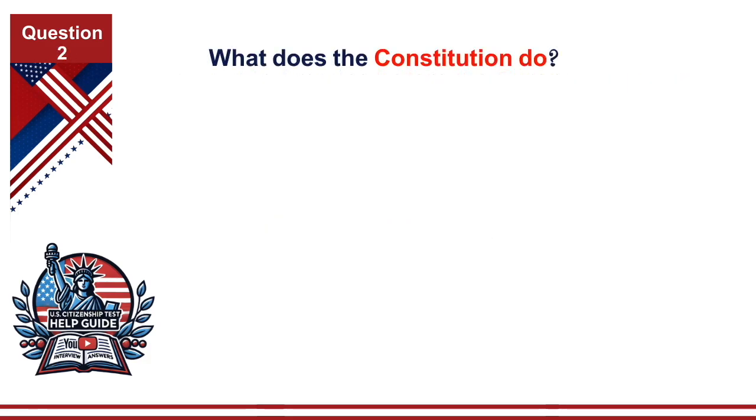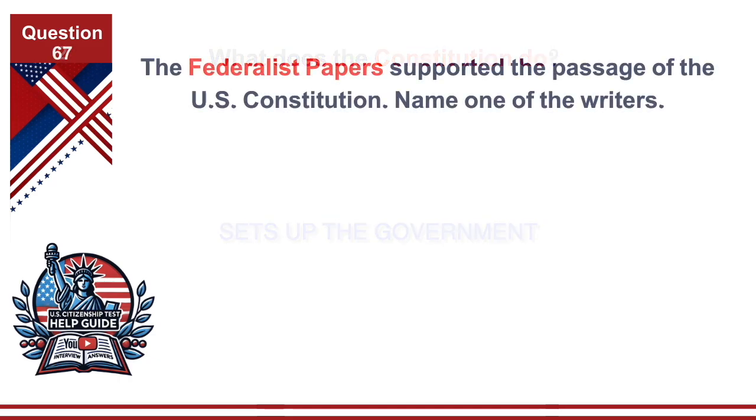What does the Constitution do? Sets up the government. The Federalist Papers supported the passage of the U.S. Constitution. Name one of the writers.